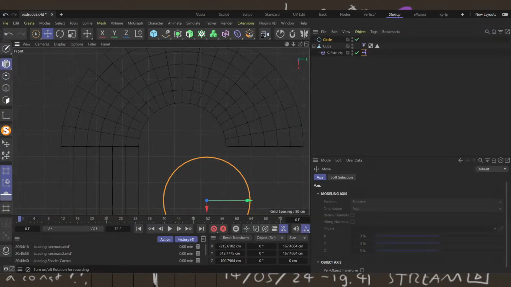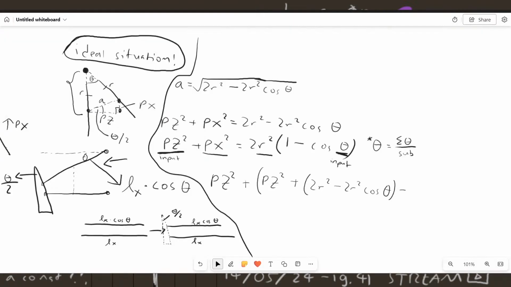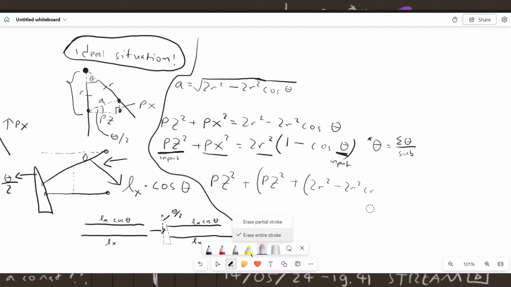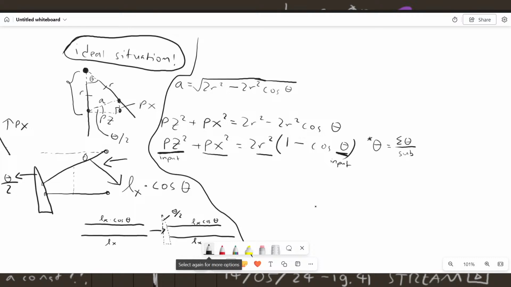Okay, I'm back. Okay, so yeah, let's do the substitution thing again. But this one kind of sucks, so I'm going to erase this. Let's erase this first. Okay. So pz squared, px substitute for something else. So let's simplify this to just one letter.